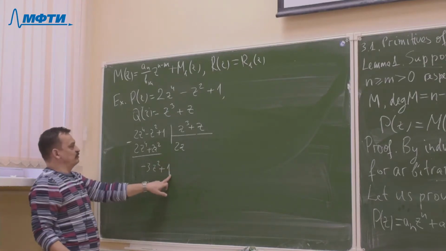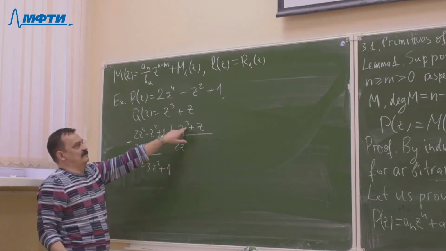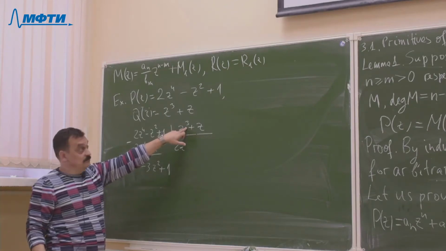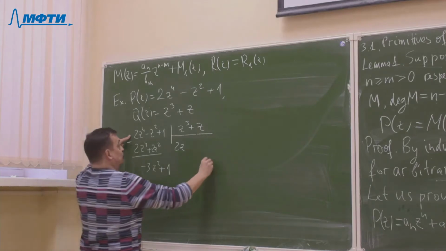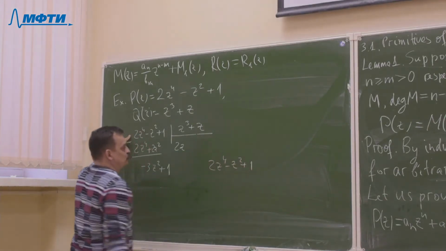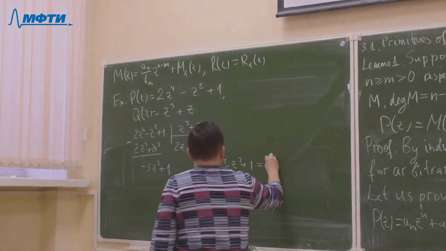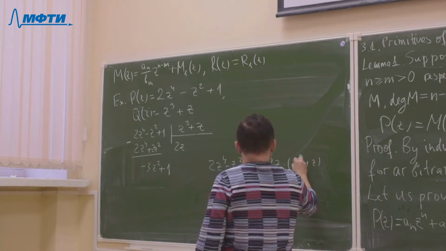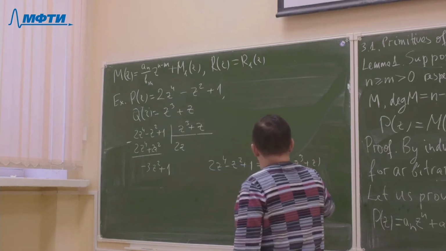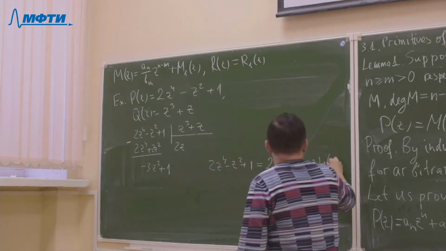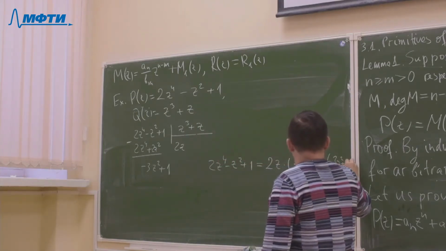The degree of this polynomial is strictly less than 3, so we are done. What we obtain, in fact, is the following representation. 2z to the power 4 minus z squared plus 1 equals 2z times z cubed plus z plus the remainder, minus 3z squared plus 1.